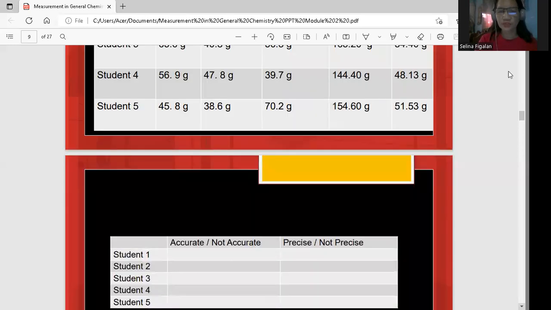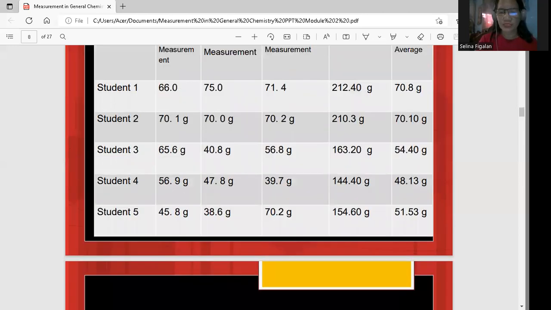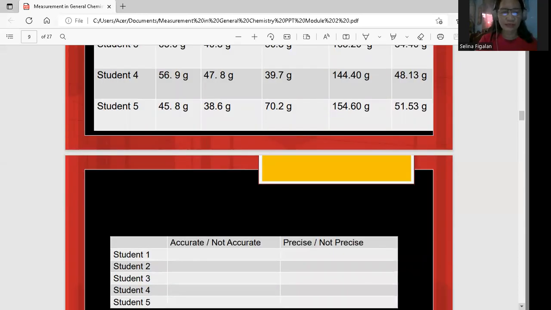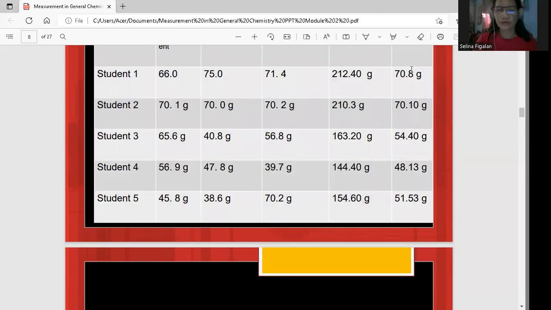How about in terms of precise and not precise? So ano yung sinabi ng precise and not precise with the rules is that you have to subtract the highest number to the second number. It's here. Okay, identify the measurement if accurate. Tapos na tayo, identify the measurement if precise or not by subtracting the first measurement or highest to the second. So which means, gagamitin mo tong dalawa. 70.8, which is higher compared to 70.10.